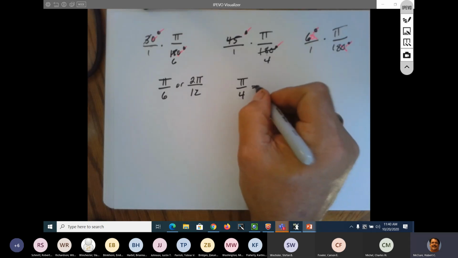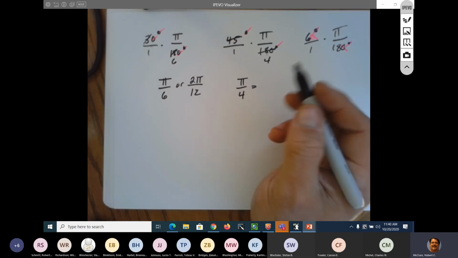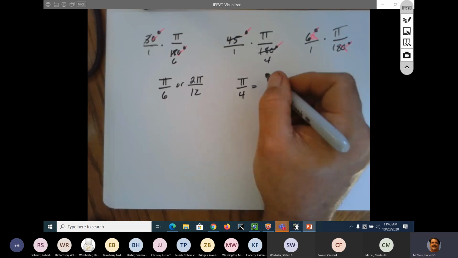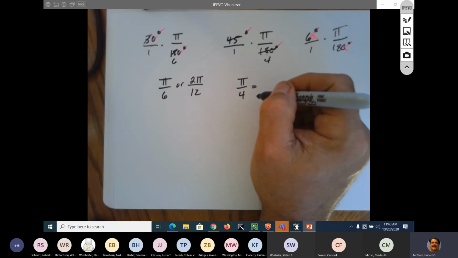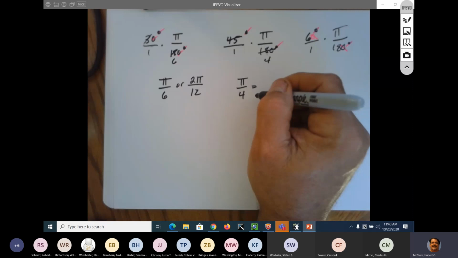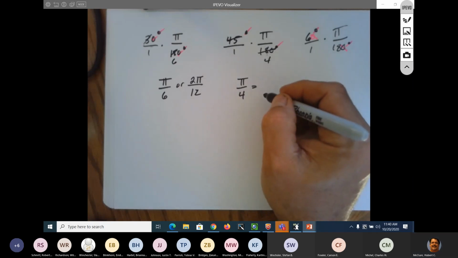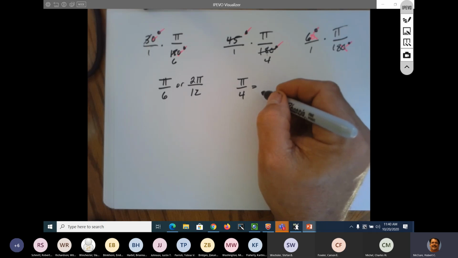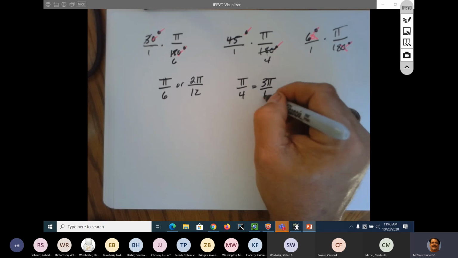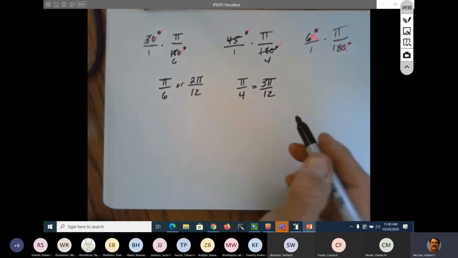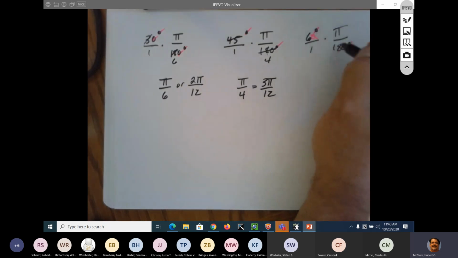And if you wanted to give it a common denominator of 12, it would be 3 pi over 12. So the same thing. And then here, 6, that'd be pi over 3.